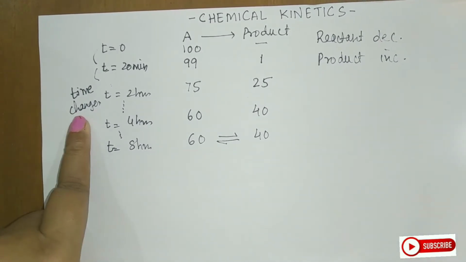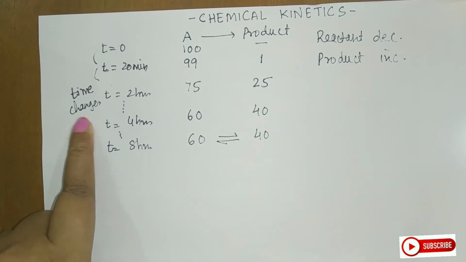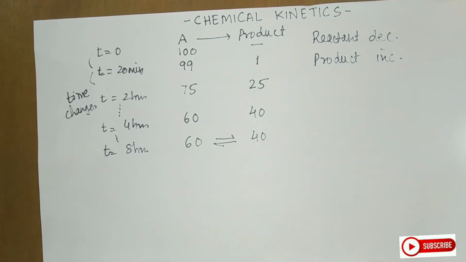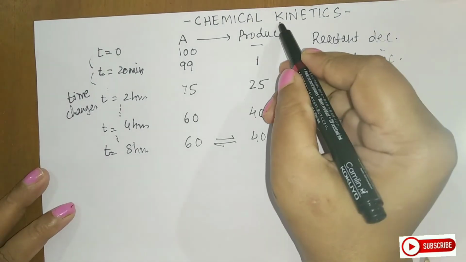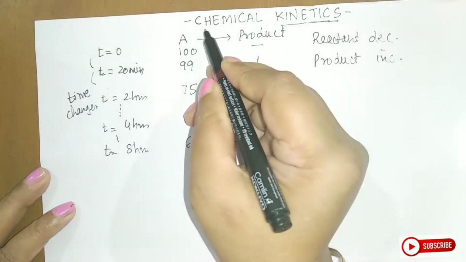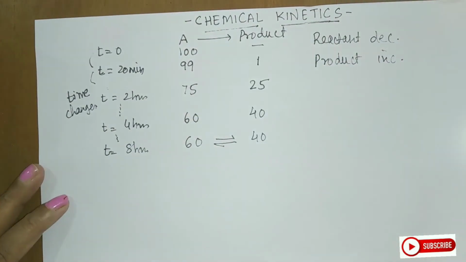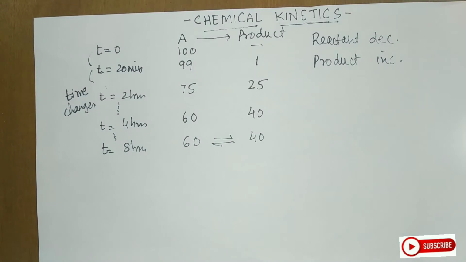With respect to what? With respect to time. This is what is called kinetics. Any study with respect to time, we use the word kinetics. Here I have used the term chemical kinetics because we will be dealing with chemical reactions.